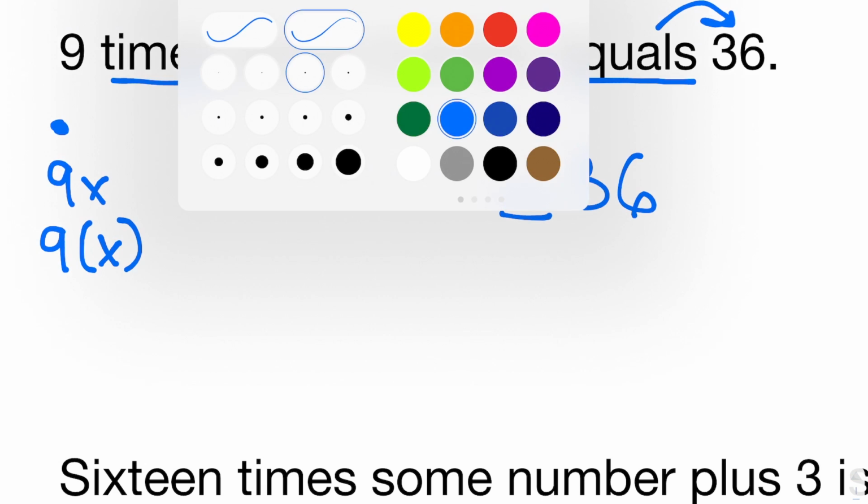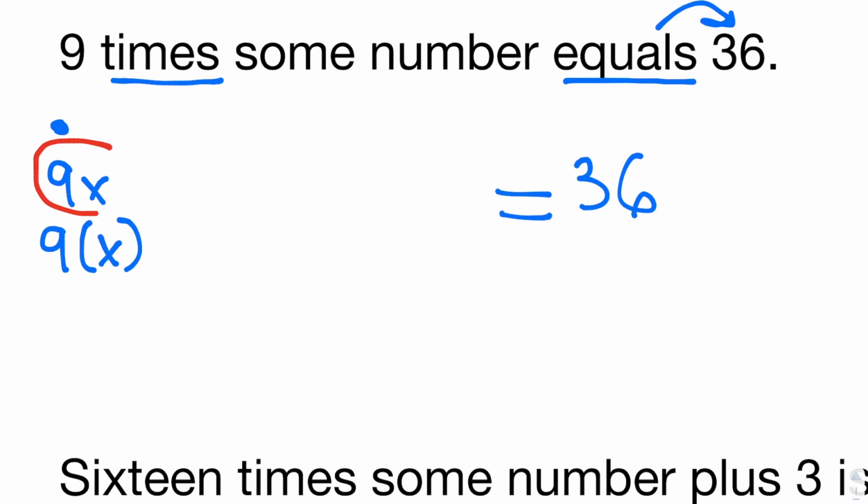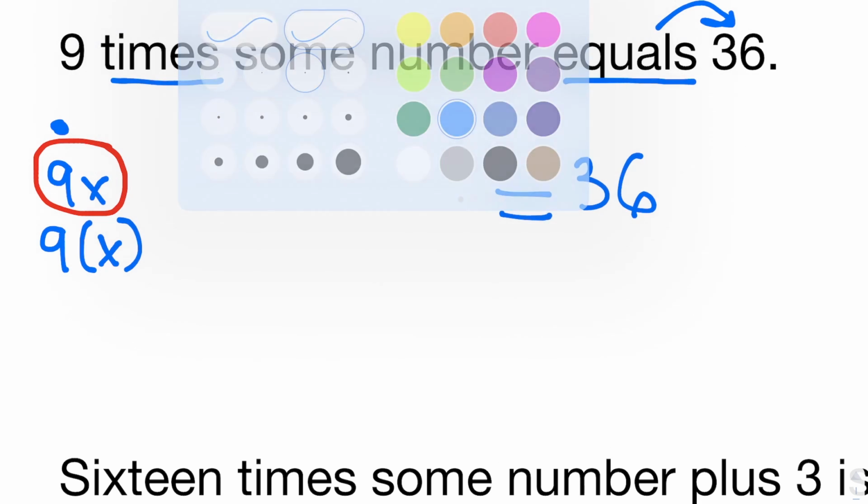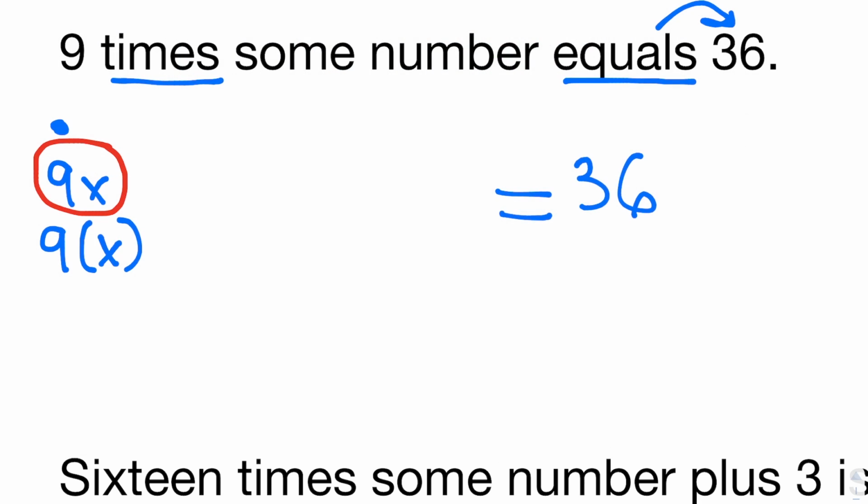And my preferred way of writing 9 times in algebra is this way. So when I write these, I'm always going to do 9x when I see 9 times some number. You're more than welcome to write it the other ways, it'll still be correct, but this is the preferred method. So I'm going to write 9x.